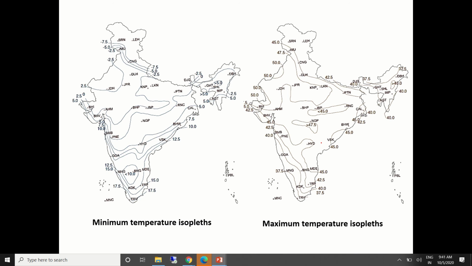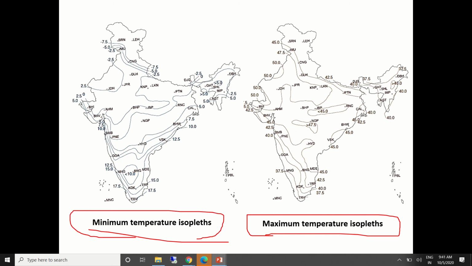This is just to show the minimum temperature and maximum temperature that we can observe in different parts of the country. These are taken from the IMD and National Building Code references.